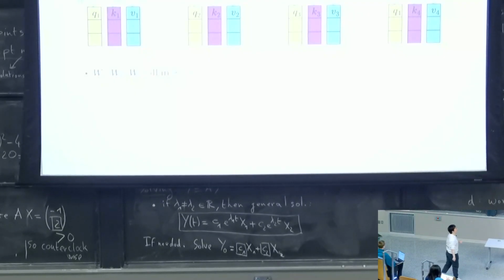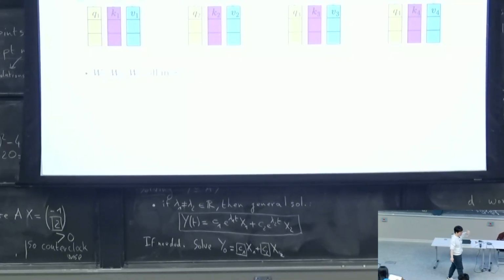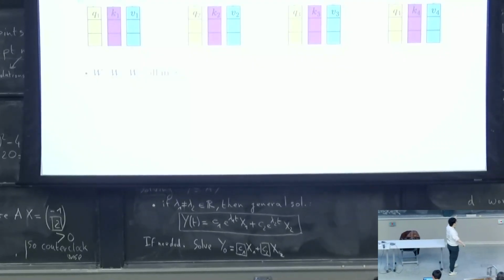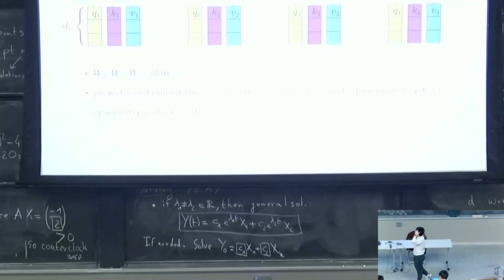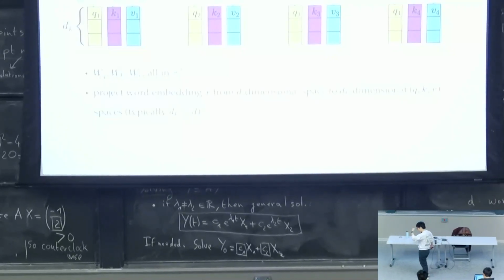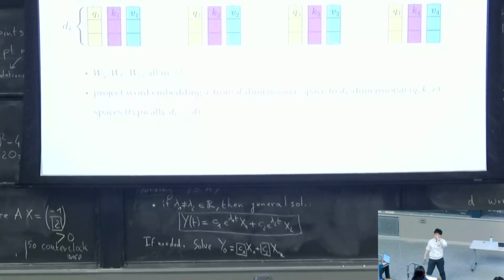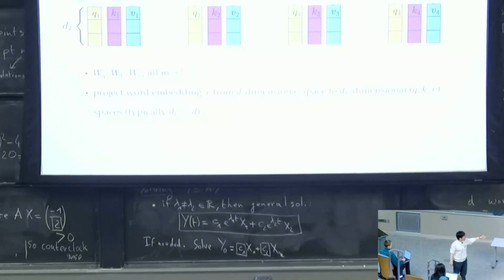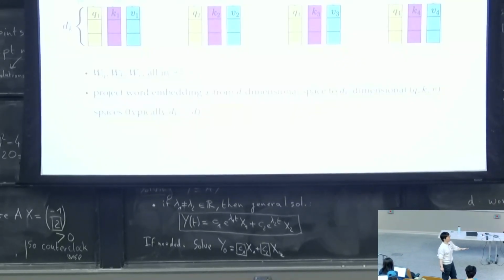So WQ, WK, WV are all d by dk dimensional learnable matrices, such that we turn some d-dimensional word embedding into dk dimensional query key value embedding. We see that the projection is done by this set of WQKVs, and in practice, dk, the QKV embedding, is relatively much smaller than d.